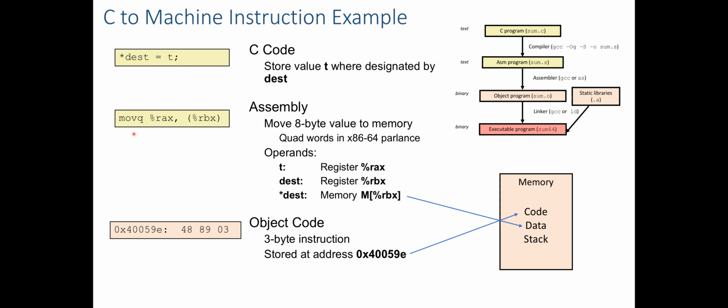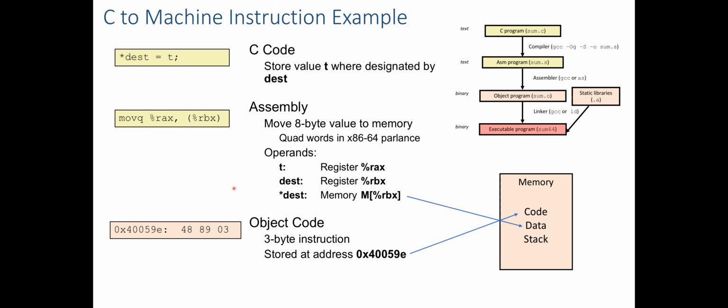Now, in this case, what this is saying is take what's in register RAX and put it back into memory where RBX is pointing. Now, what this means is that dest must be in RBX and t must be in RAX. That's something that we're going to be able to start discerning as we compare C code like this to assembly code like that.